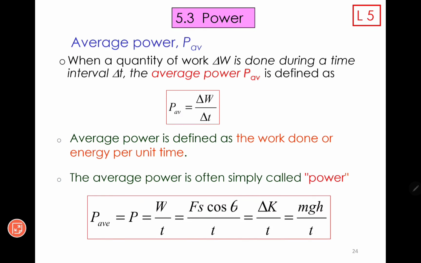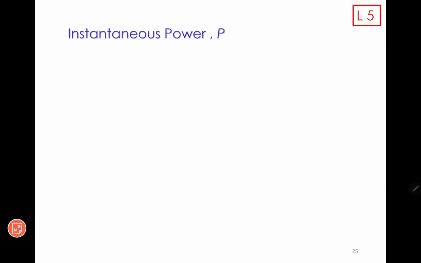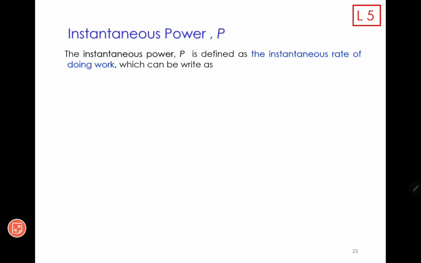Okay, next, let's discuss the instantaneous power. Okay, the symbol is capital P. So what does instantaneous power mean? Instantaneous power is defined as the instantaneous rate of doing work, which can be written as P equals the limit as delta T approaches 0 of delta W over delta T, giving you dW over dt.